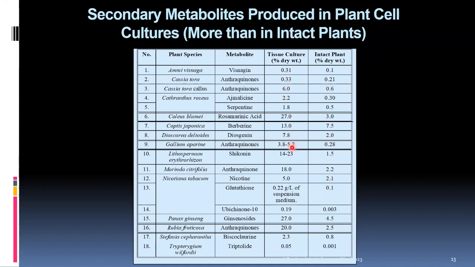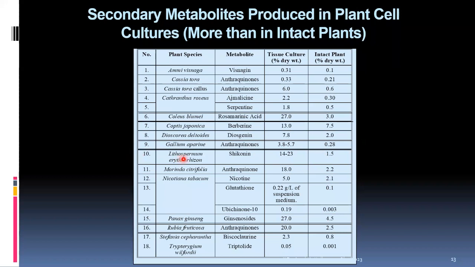And here you can see that through tissue culture, it has increased to a very high extent. As an example, if you look at these Galium anthraquinones, they were present at such a low value, and here you can see a jump of at least 10 times to even 20 times in this increased value via tissue culture. So there are many such examples.